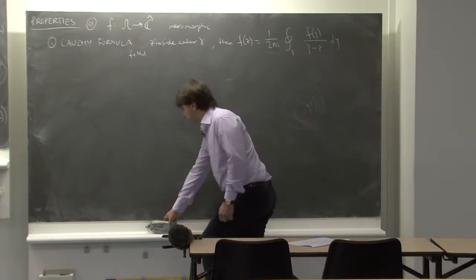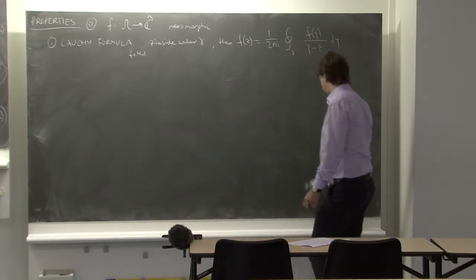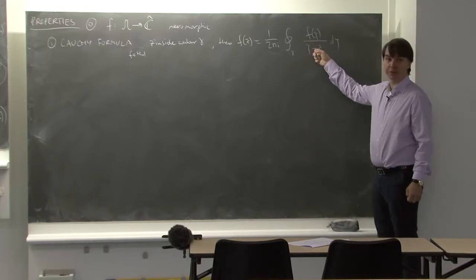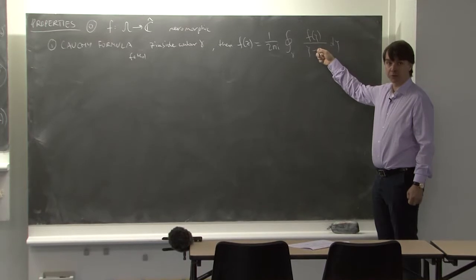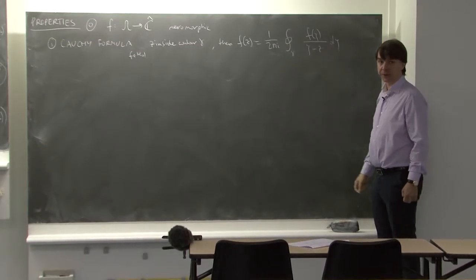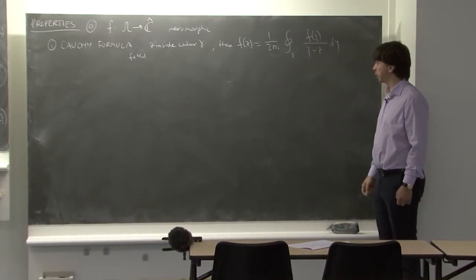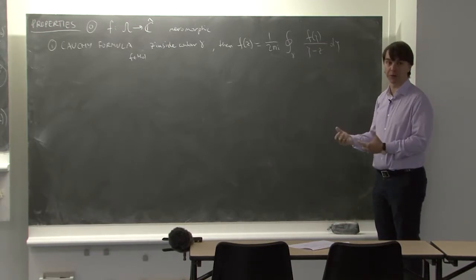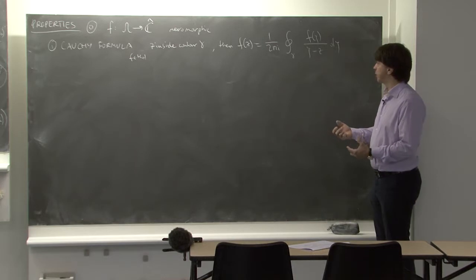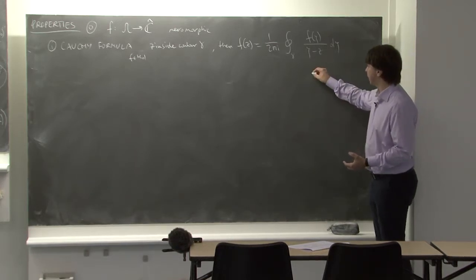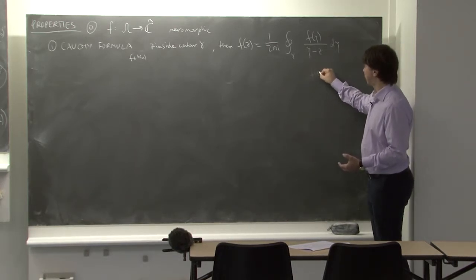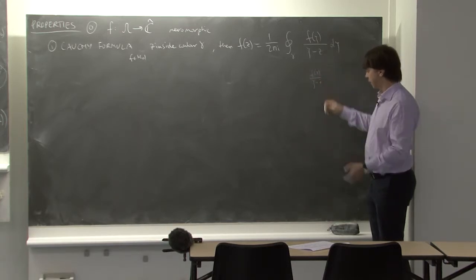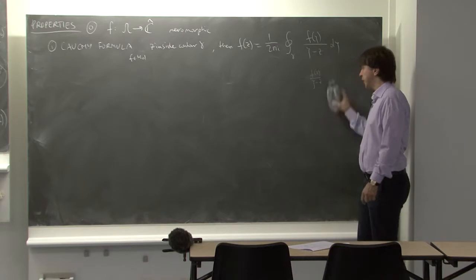Okay, so why does this not contradict contour integrals? Because this function is no longer holomorphic. It has a pole. It is actually meromorphic. It has one singularity. Basically what you can do is factor out this singularity and leave a holomorphic function. So you write something like f of z over zeta minus z, you take that away, and the rest is holomorphic.